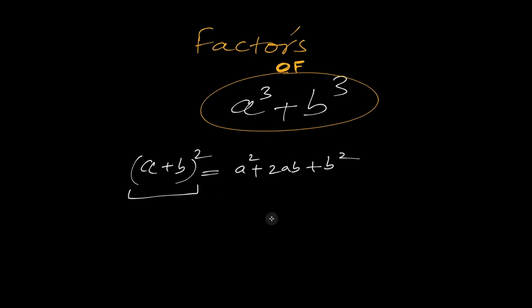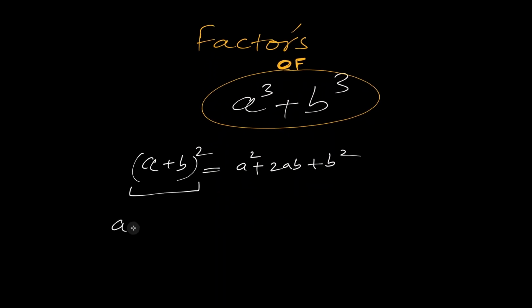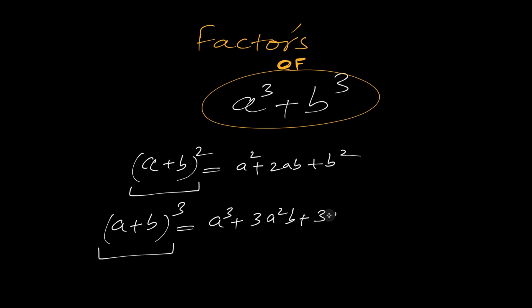And the next formula is a plus b whole cube. Keep in mind that this is whole cube and this is individual cube. The formula for a plus b whole cube is a cube plus 3a square b plus 3ab square plus b cube.